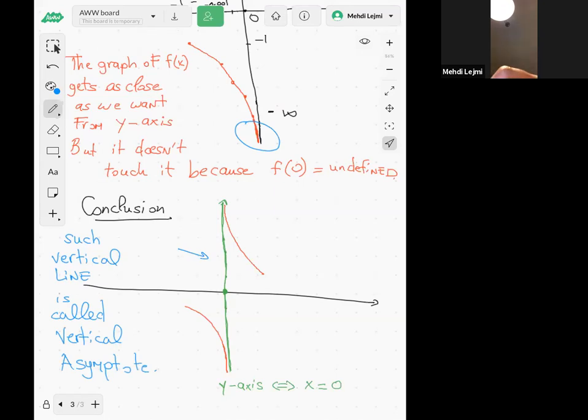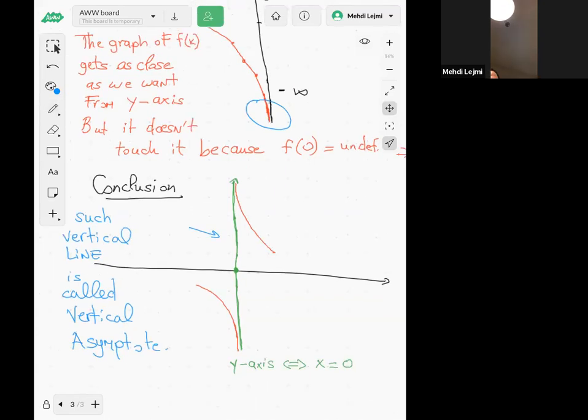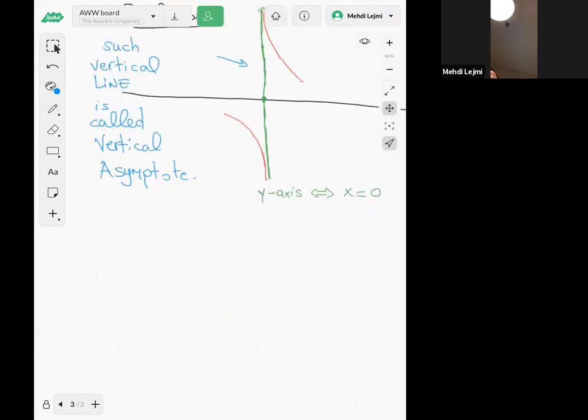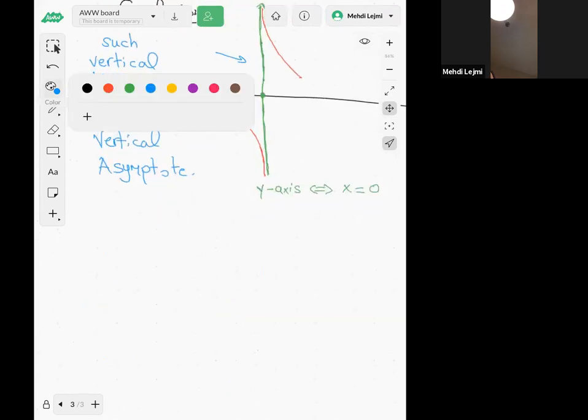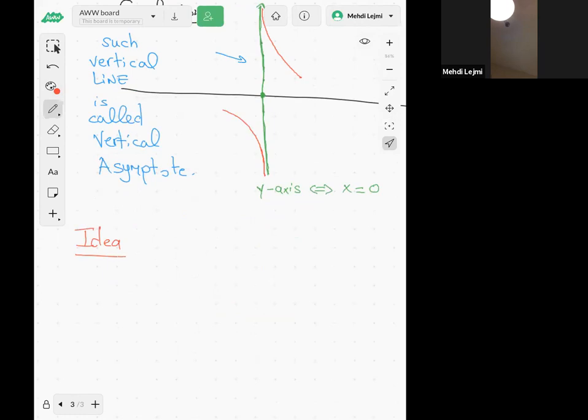So the idea, guys, in general, when I say a vertical asymptote, I'm going to write the definition of vertical asymptote, but let me just give you first the idea. What we mean by vertical asymptote is the following. You're going to have some vertical line, like this vertical line here, okay?